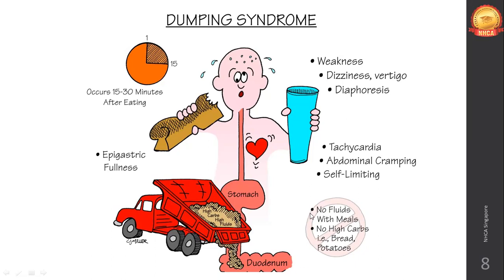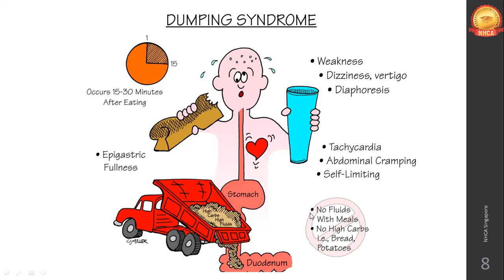When there is something wrong with the opening and contraction and relaxation of the lower sphincters in the gastric area, that could also lead to dumping syndrome. Okay, so it could be anatomical, it could be biological. Okay, it could be after any surgery. Usually gastric bypass surgery patients are at higher risk of dumping syndrome.